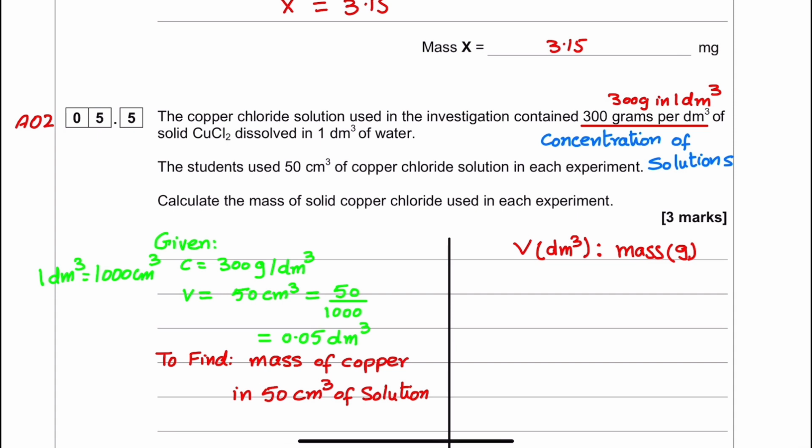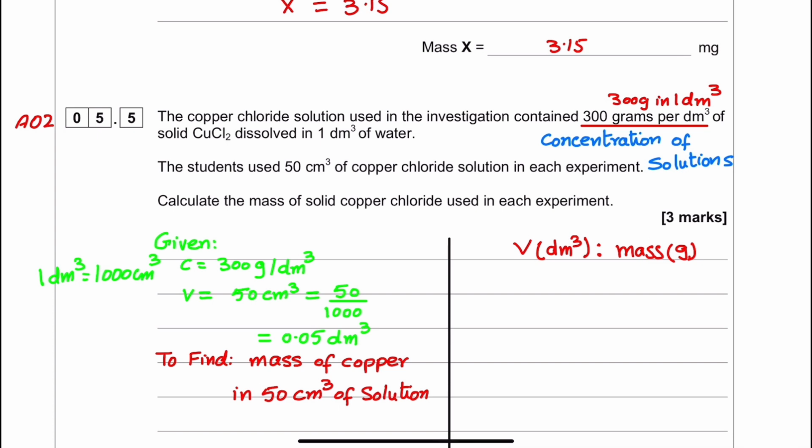The question is, calculate the mass of solid sodium chloride used in each experiment. So we need to find the mass which is used in 50 cm cube solution. So we are going to use ratio and proportion method. The quantities are the volume and the mass of the copper chloride dissolved. We will use this information first, that 300 gram is dissolved in 1 dm cube volume of the solution.